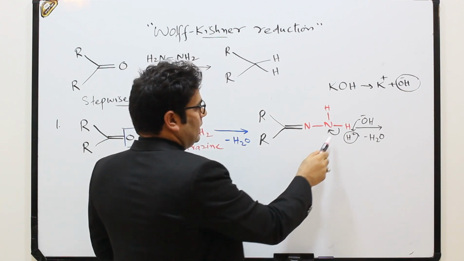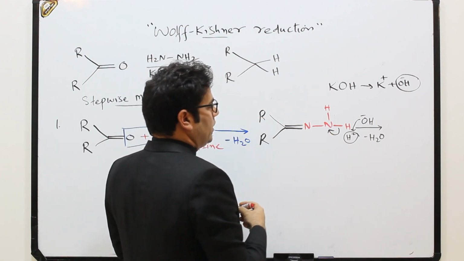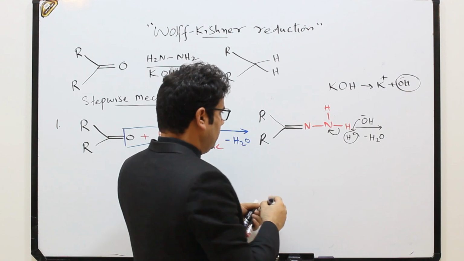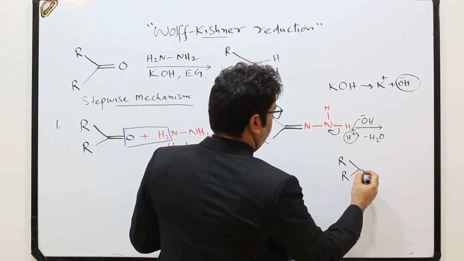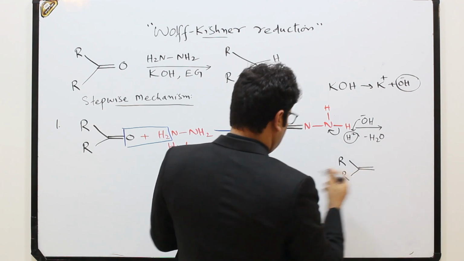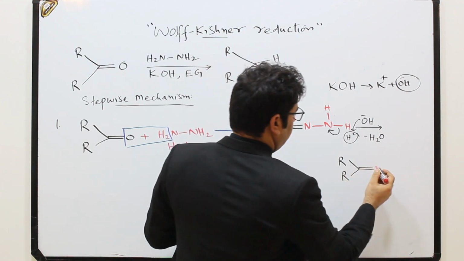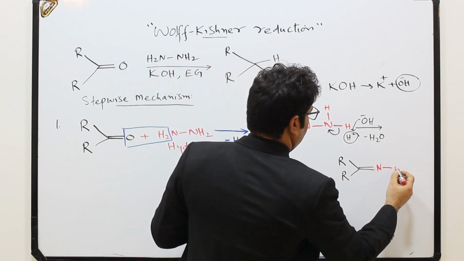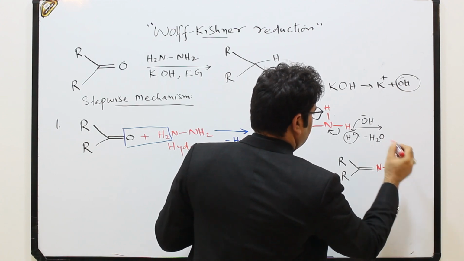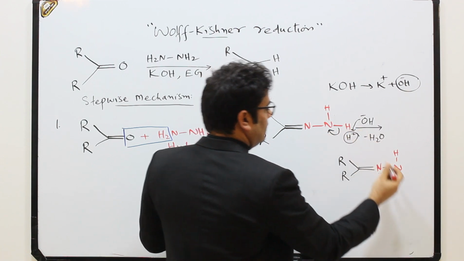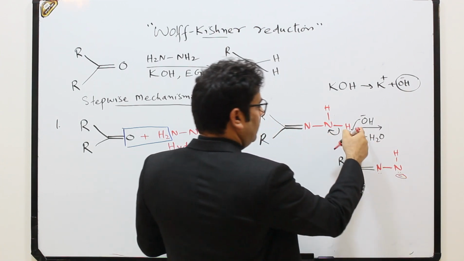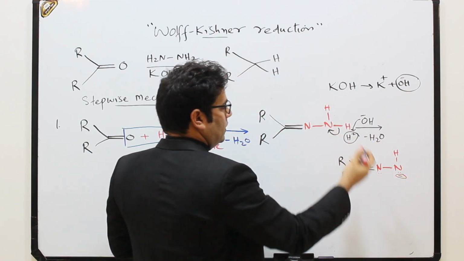Now by this step, there will be a negative charge on nitrogen. So what will be the resulting molecule? We have the double bond, we have N, we have NH. Now we have an electron pair here, and here is also an electron pair, but there is again a negative charge by removing this hydrogen.